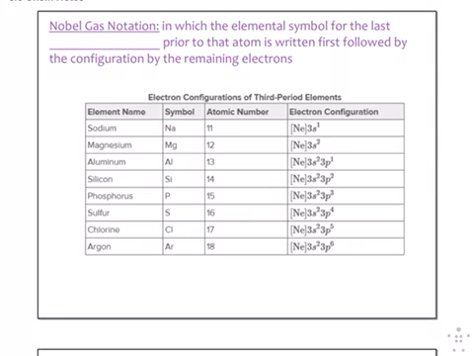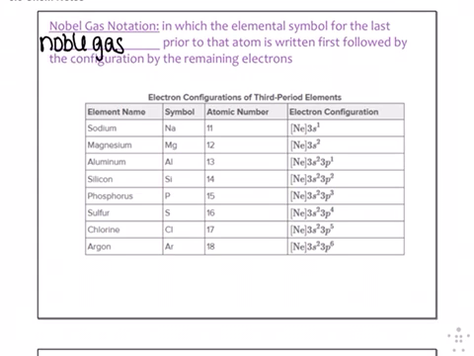So what scientists came up with is this noble gas notation. This is when you take the elemental symbol for the last noble gas prior to the atom that is written first, followed by the configuration for the remaining electrons. So if we look at sodium, this would be a fine time to look at a periodic table. Sodium is in that first column and number 11.